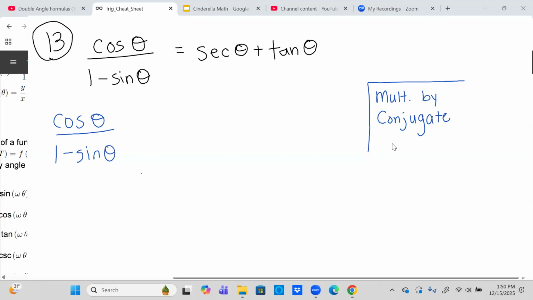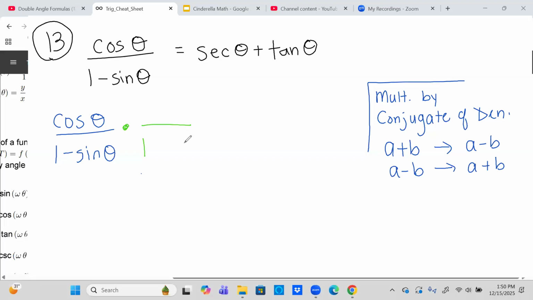What it is, if you have A plus B, the conjugate is A minus B. And if you have A minus B, the conjugate is A plus B. And we usually use the conjugate of the denominator. Okay, so we are going to multiply by the denominator's conjugate. So we're going to keep the 1, we're going to keep the sign, and we're going to flip that to be a plus. And we're going to do that on top and bottom because we got to be fair. Okay, so on the top, we just have cos times that conjugate.